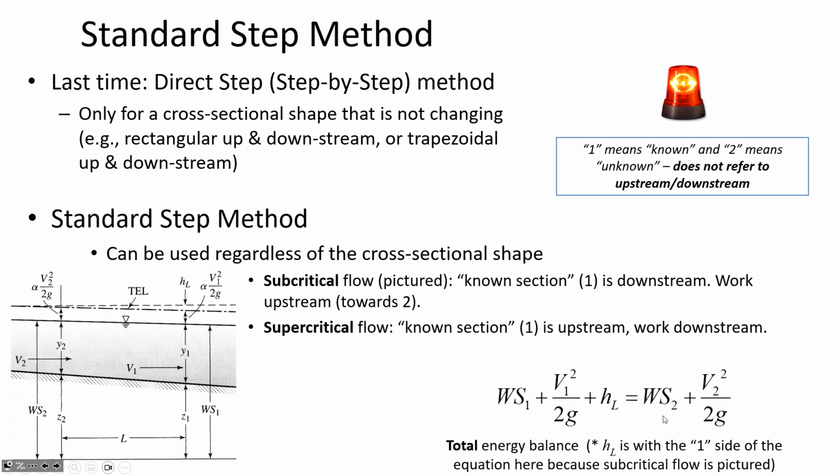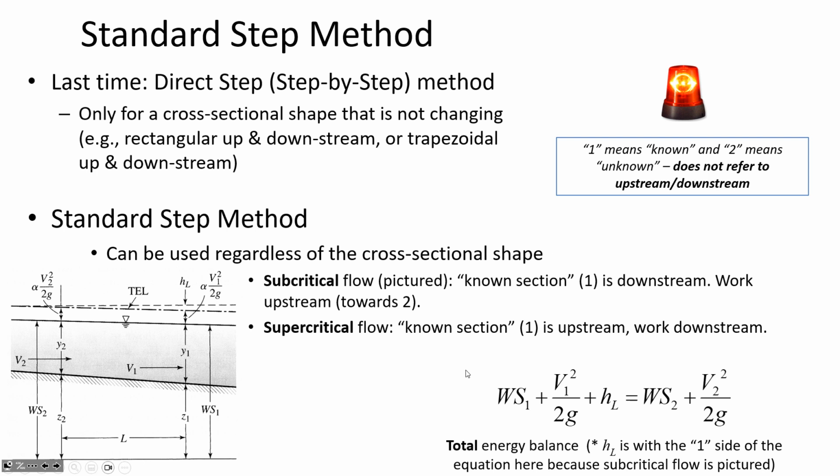The energy at 2 was the water surface elevation plus the velocity head. So some of the energy got transferred into head loss, and there may also be a change in the velocity head between the 2 points, because the velocity at 1 and the velocity at 2 aren't necessarily the same. But the heart of this method is an energy balance.